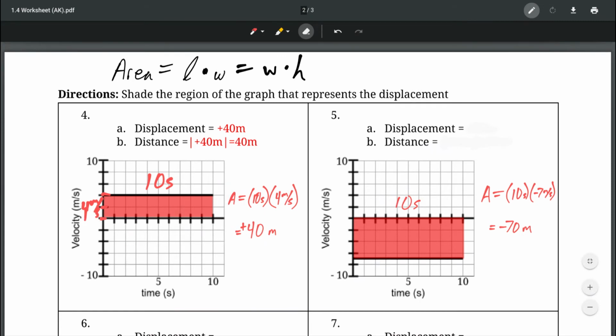It had a negative displacement. So when we multiply 10 times -7, we get a displacement of -70 meters, and then the distance will be the absolute value of that again. Now that 70 meters for distance no longer has a direction like the displacement does, which is negative.